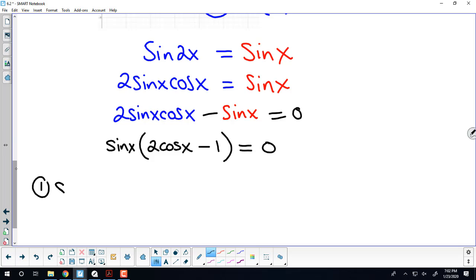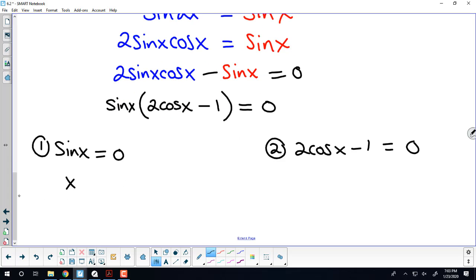Okay, so one factor is 0 when sine is 0, and the other when 2 cosine x minus 1 is 0. We know sine of x is 0 when x is 0, pi, and so forth. But again, we're not concerned with any of these values after pi, because that's outside of our interval. This one, we've got another 0 when cosine of x is 1/2.